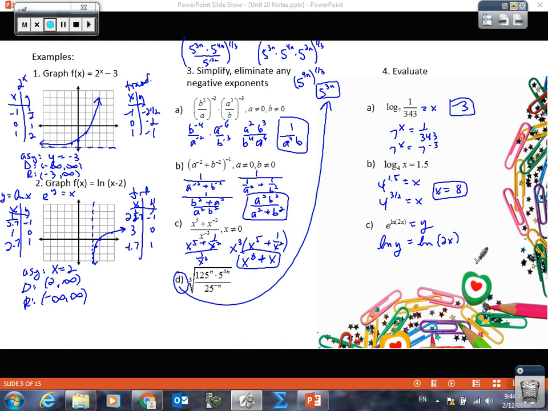Set them equal to each other. So y is 2x. Now I made up y. y is the answer. The answer is 2x, which I could just read from that if I knew the rule. If I don't remember the rule, then I can get to it this way, by setting it equal to a different variable and then transforming it. Okay, we okay with that? Okay.